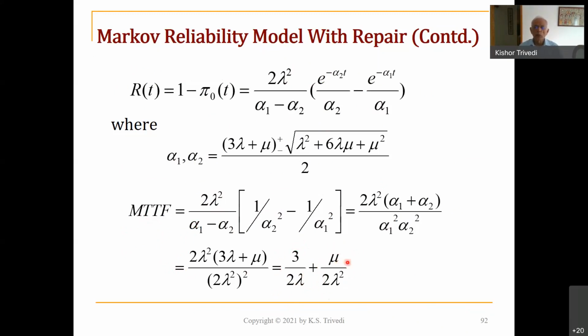Notice that mu may be of the order of 1 in a few hours, whereas lambda may be 1 in 10,000 or 1 in 100,000 hours or something like that. So this is the square of lambda. So there's a huge gain by having redundancy together with repair.